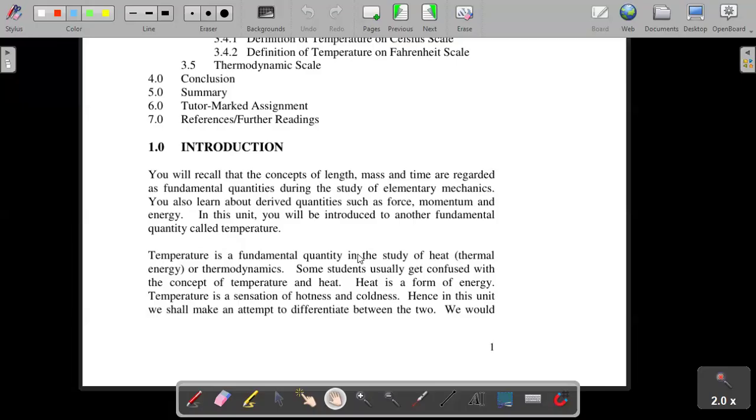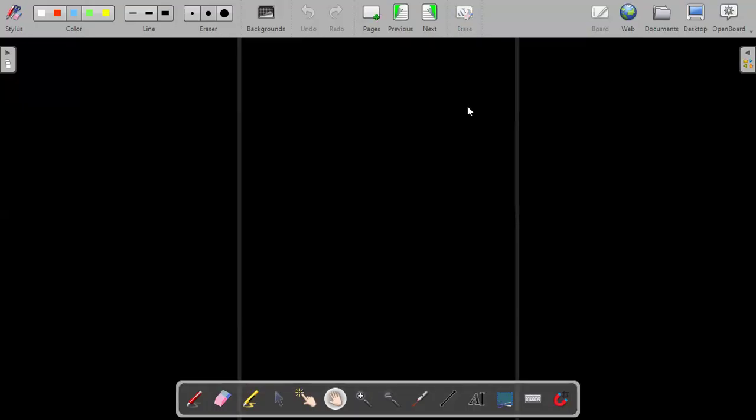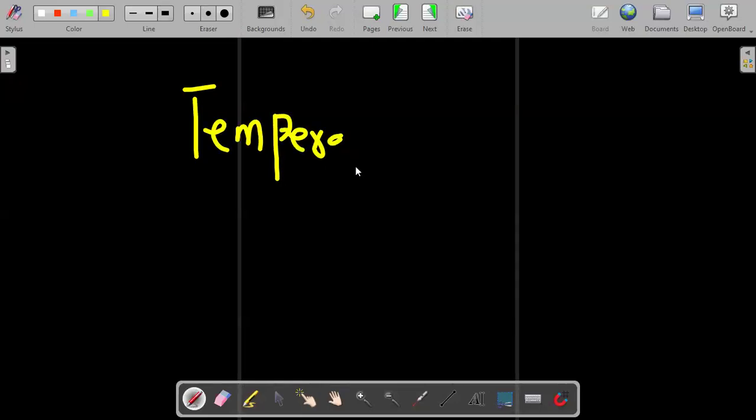So we're going to take it gradually. Like I said, ask questions if you don't understand. It's very important for our learning. Generally, there are ways people define temperature. Right from primary or secondary school, we are told that temperature is the degree of hotness or coldness of a body, right?